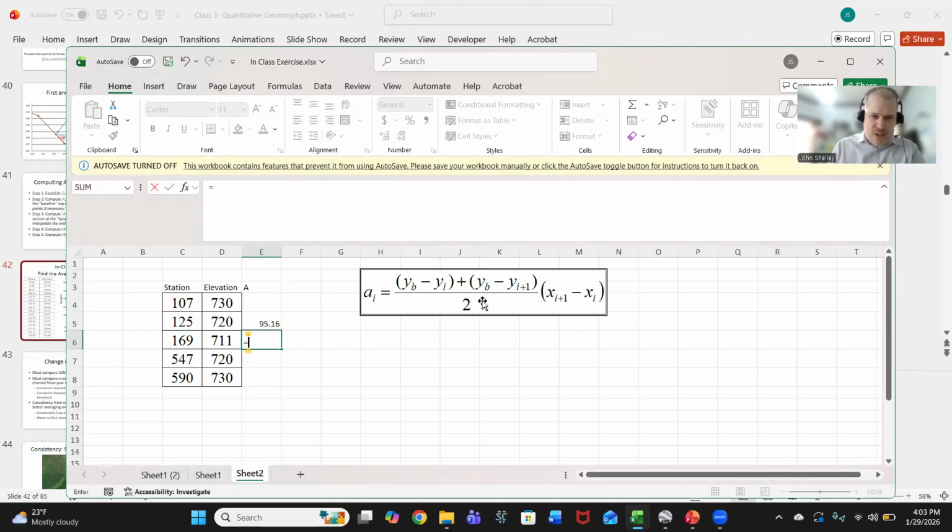Then we can use this formula here for the area of a polygon. And so we're going to take the y elevation, so it's the baseline elevation minus the y, plus the baseline elevation minus the next one, and divided by 2.